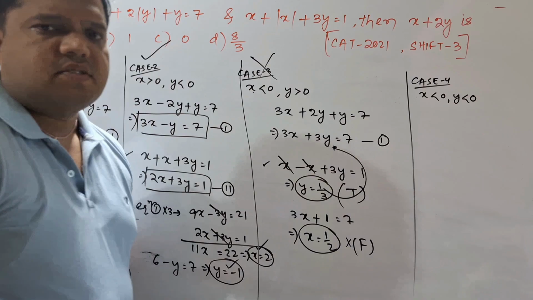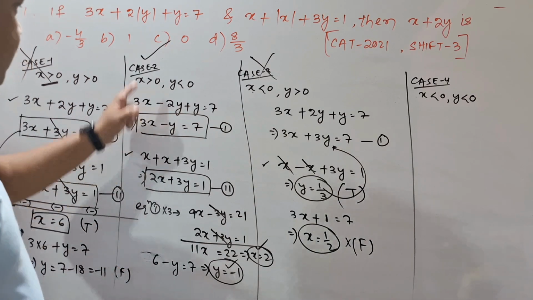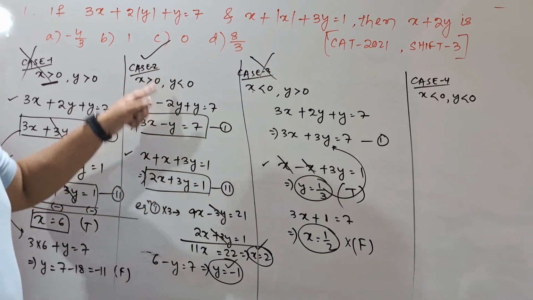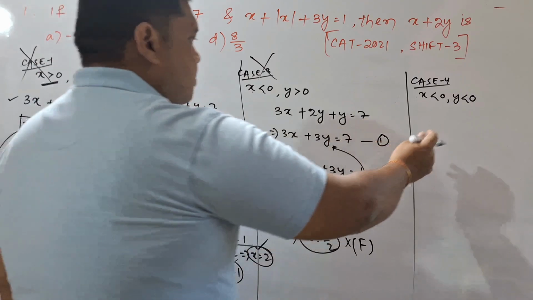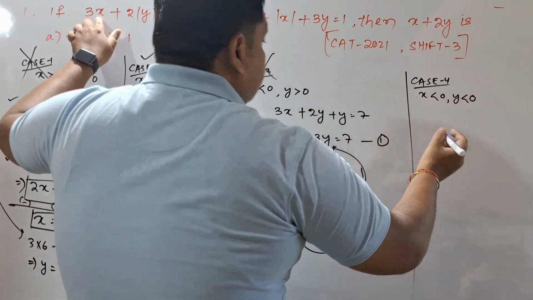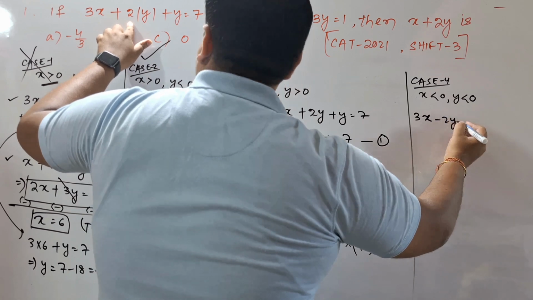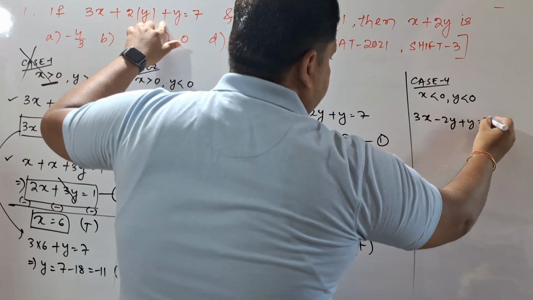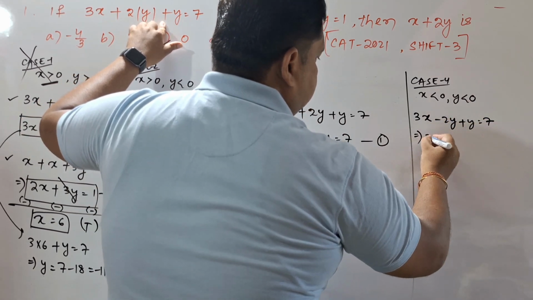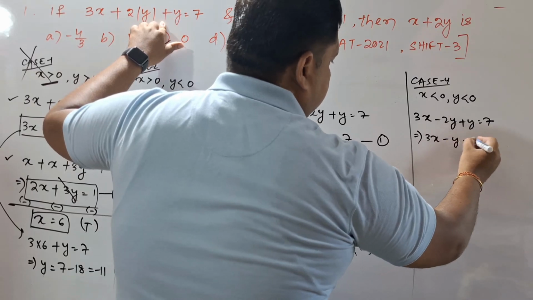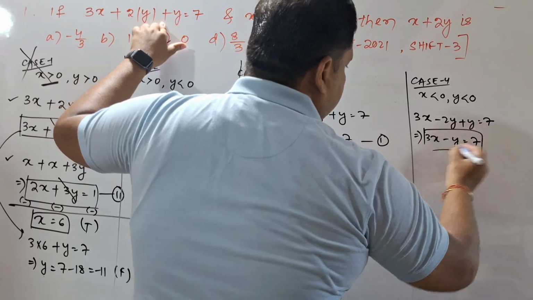Similarly, you can check case number 4, it will also not satisfy. So who will decide my answer? Case 2 will decide my answer. But we have to check, both are negative here. Both negative means this is 3x minus 2y plus y is equal to 7. If I simplify this, 3x minus y is equal to 7, equation number 1.